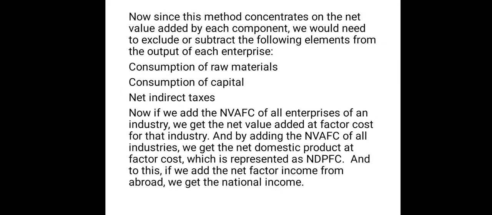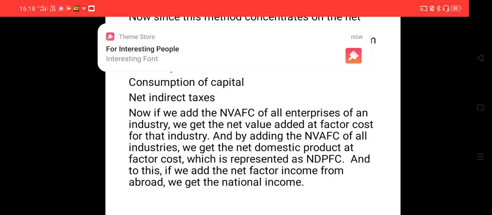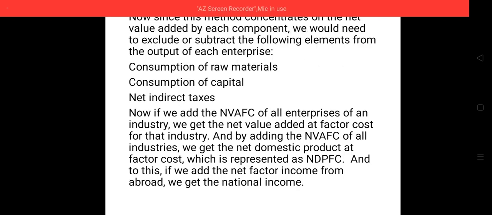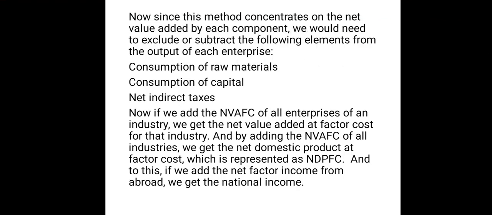Now, since this method concentrates on the net value added by each component, we would need to exclude or subtract the following elements from the output of each enterprise: consumption of raw material, consumption of capital, net indirect taxes.